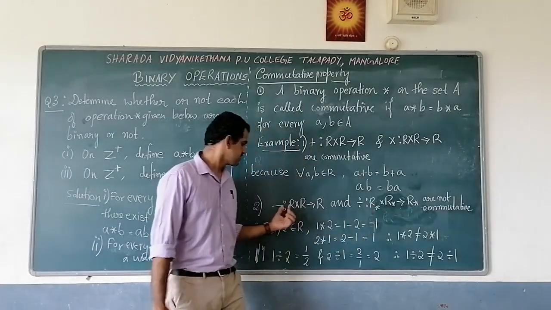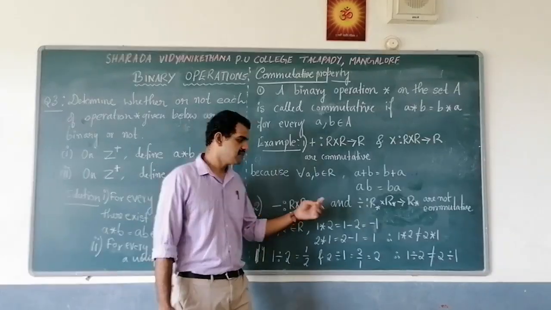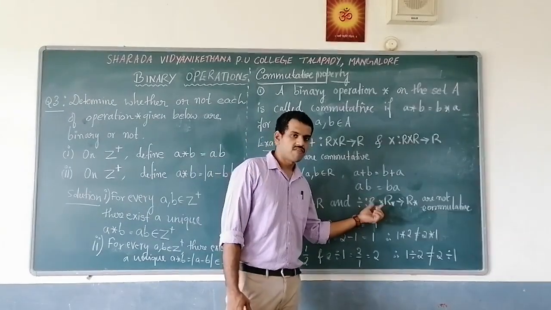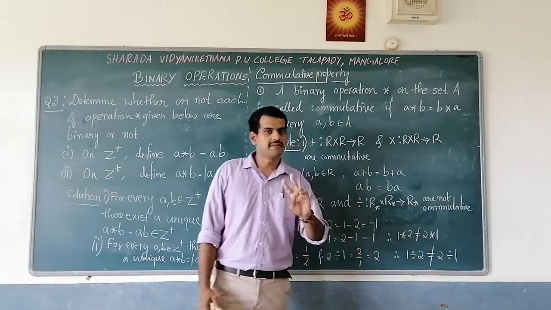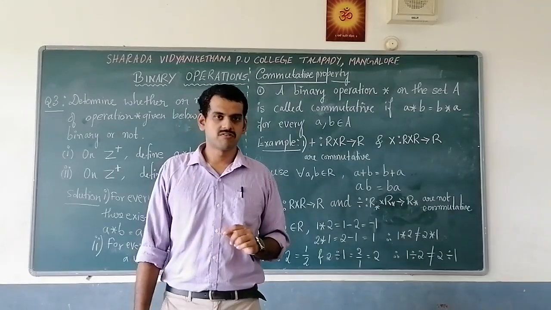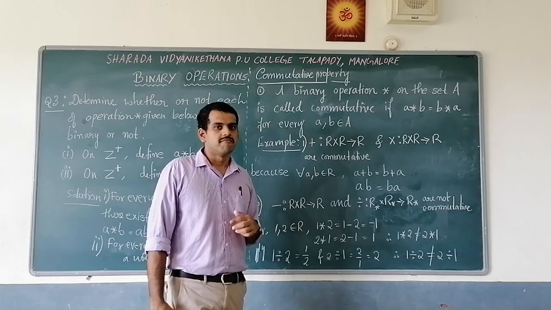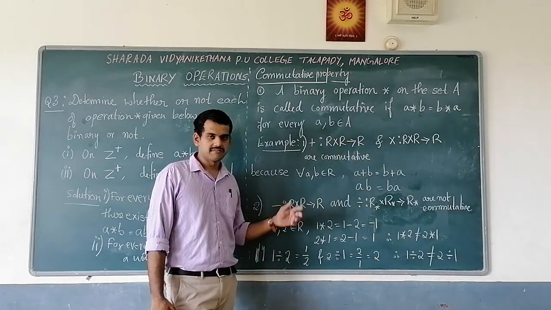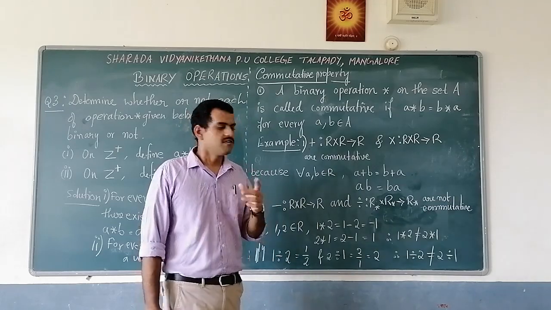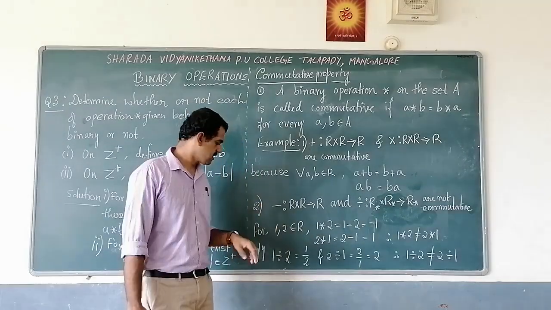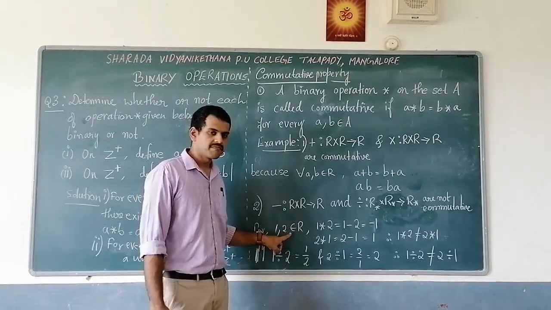If I consider these two cases, that is subtraction on the set of all real numbers and division on the set of all real numbers except 0, in these two cases the commutative property does not hold good. Why? I will give an example. As I told earlier, when it is not commutative, we just give an example; we need not generalize. We will take simple real numbers like 1 and 2.